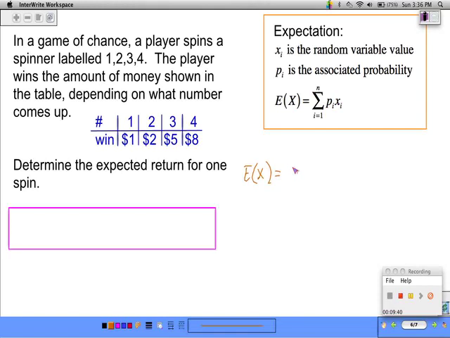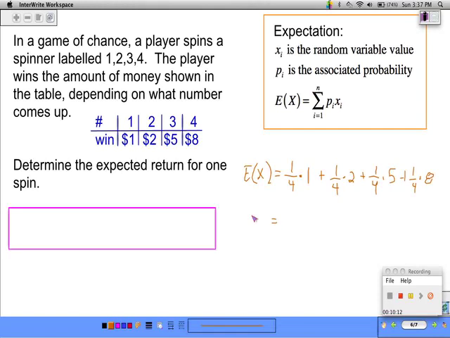We're going to take the probability of each of those times each value. So the probability of winning $1 is 1/4. We're going to assume that this is a fair spinner. So 1/4 times the outcome, 1, plus 1/4 times the second outcome, which is 2, plus 1/4 times the third outcome, plus 1/4 times the fourth outcome.